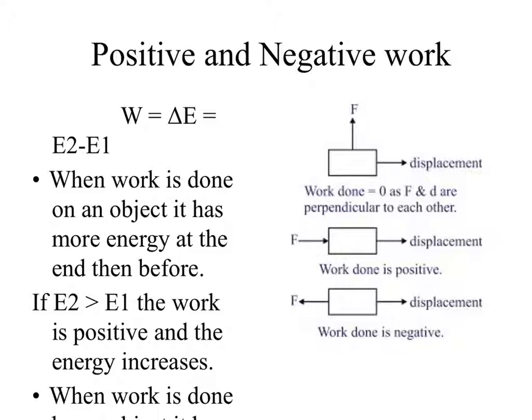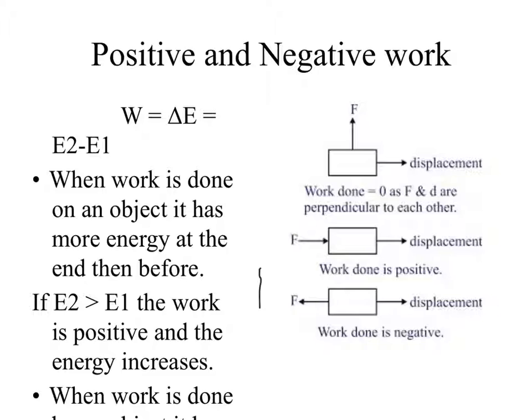So, the last thing we need to talk about is this concept of positive and negative work. Now remember I said, work can be done on something to increase its energy, or work can be done on something to lose energy. So, positive work means when you subtract E2 minus E1, you get more energy at the end than you had before.